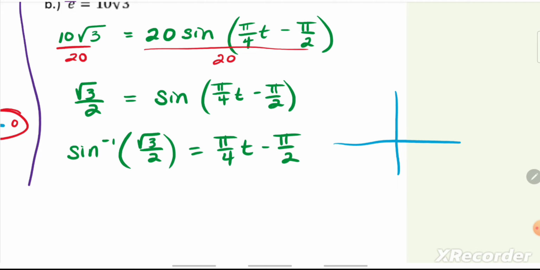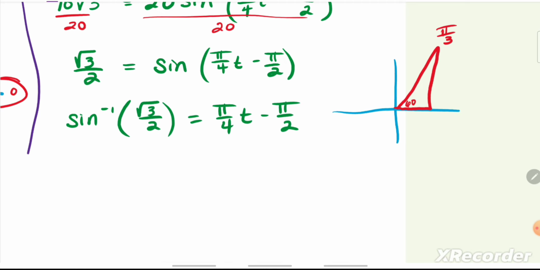Square root of 3 over 2 is the long side of our 30, 60, 90 triangle. So the x is going to be our short side, and the y is going to be our long side. We're looking at a 60-degree reference angle here, but it's important that we are in radians. So this is pi over 3.